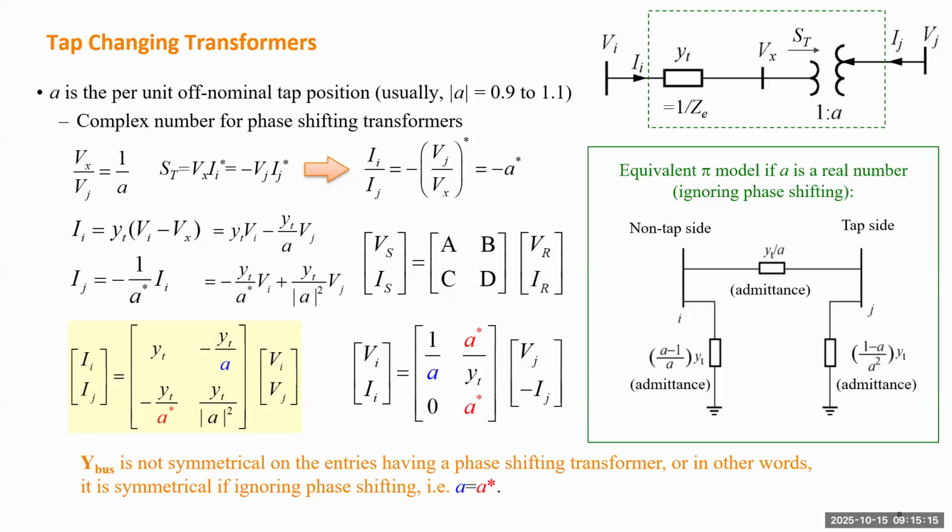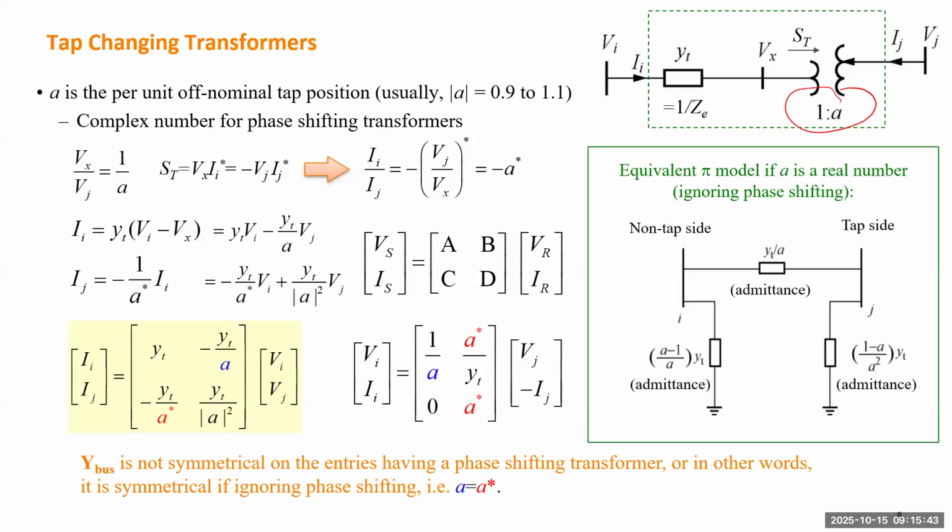But when we have a transformer, we also need to identify the corresponding entries on the bus admittance matrix. On Monday, we used this transformer representing the per unit values. Here we only need to know the ratio, which is 1 to A. If all the voltages have been changed into per unit, this A will be very close to 1.